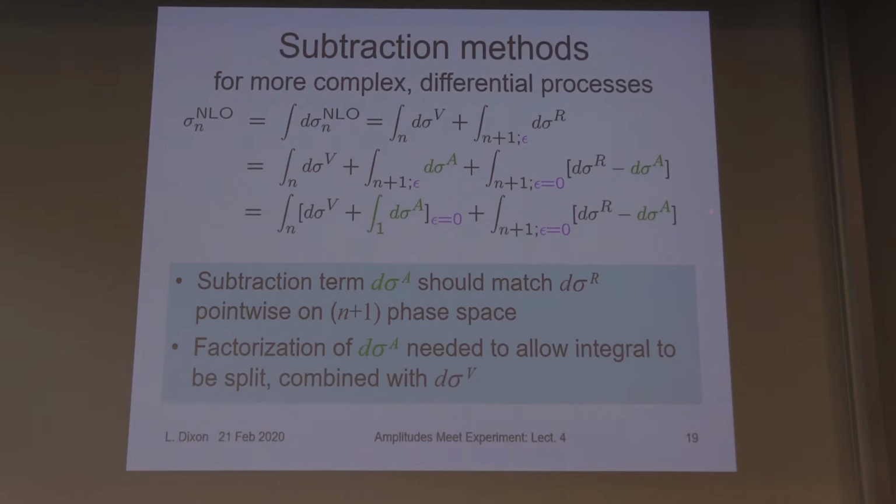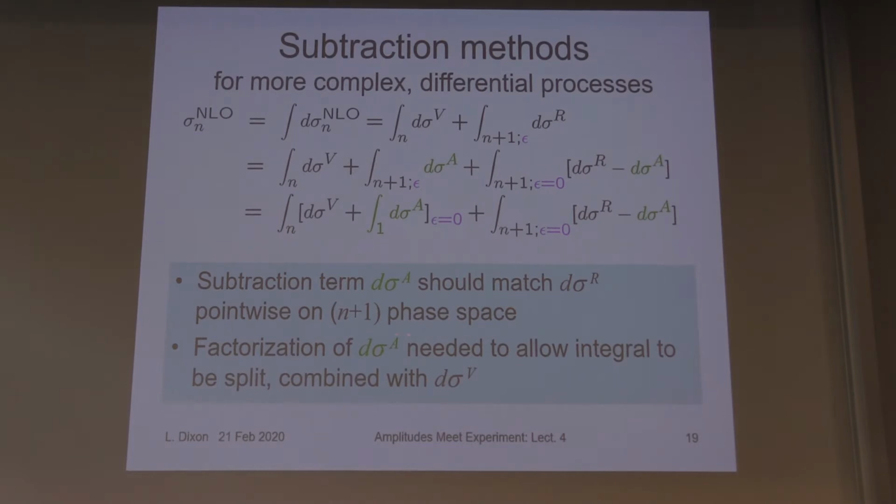And then there will also be a real radiative term where, with this subtraction, everything is now convergent, and you can set epsilon equal to 0 and do this integral of this difference numerically. Ideally, this subtraction term should match d sigma R pointwise on the n+1 phase space.